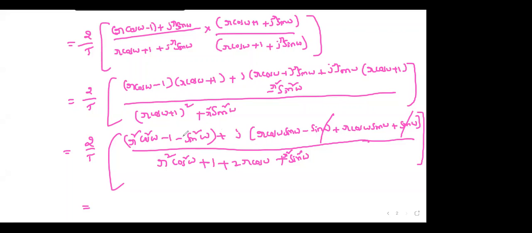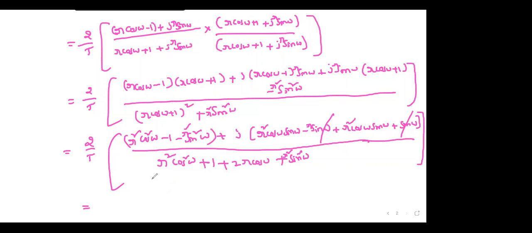This is r square sin square omega plus j, this is r cos omega, r square cos omega sin omega. Then this is minus r sin omega plus r square cos omega sin omega, then this is sin omega, correct?